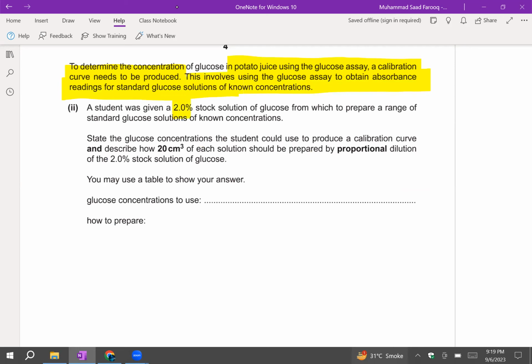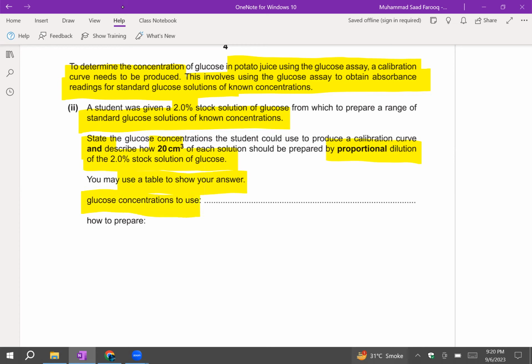Now, they are providing you with a 2% stock solution of glucose from which to prepare a range of standard glucose solutions. State the glucose concentrations the student could use to produce the calibration curve and describe how 20 ml of each solution should be prepared by proportional dilution of the 2% stock of glucose. And you may use a table to show your answer and glucose concentrations to use.